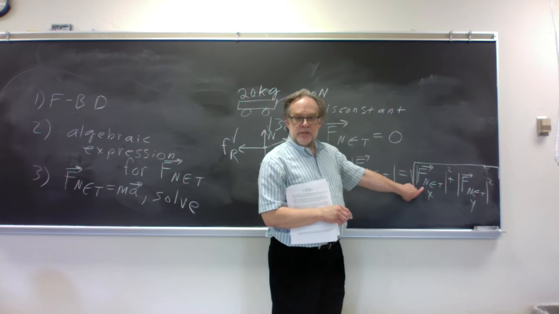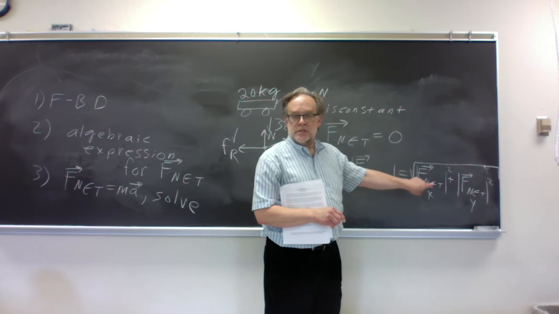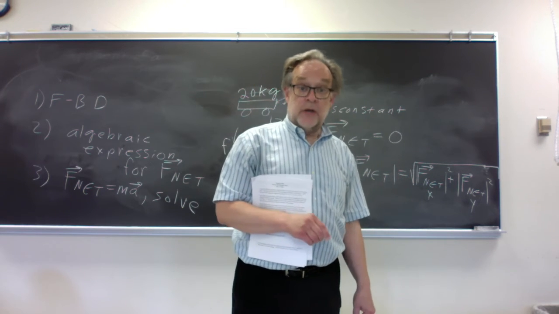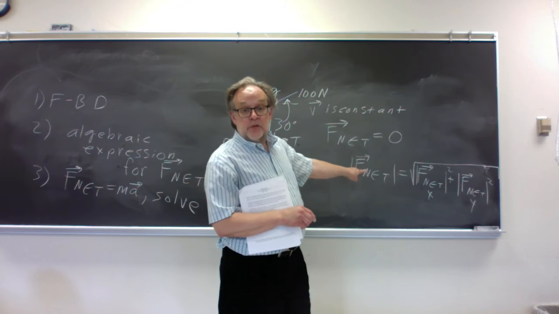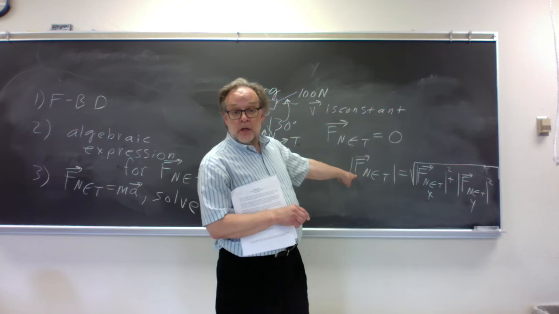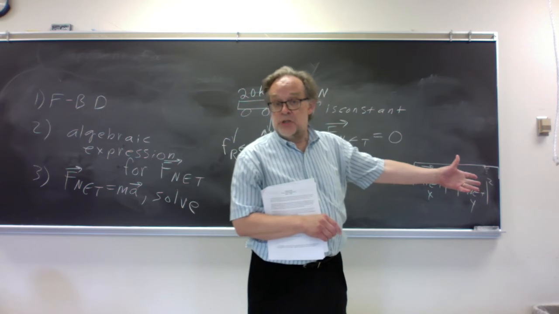The sum of the squares of the two components, take the square root of that, will give you the magnitude of the vector itself. But if the magnitude of the vector itself is 0, and it can be 0 only if both of these components are 0.